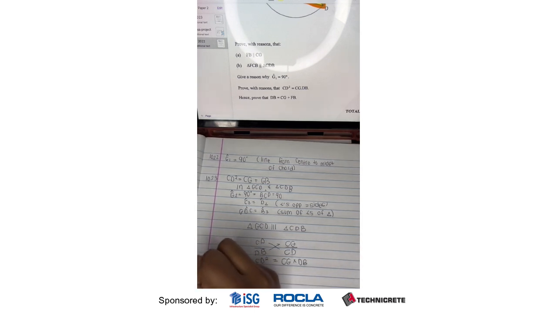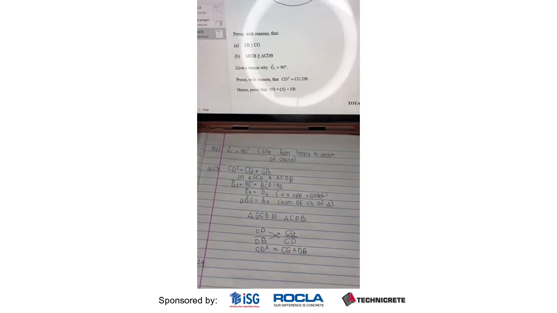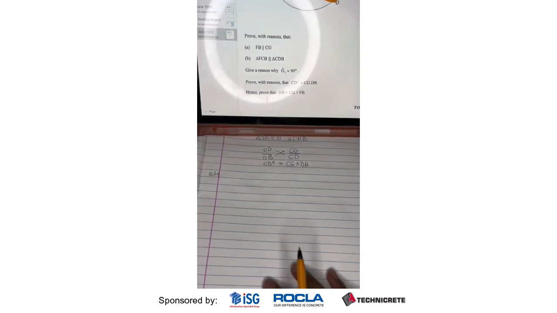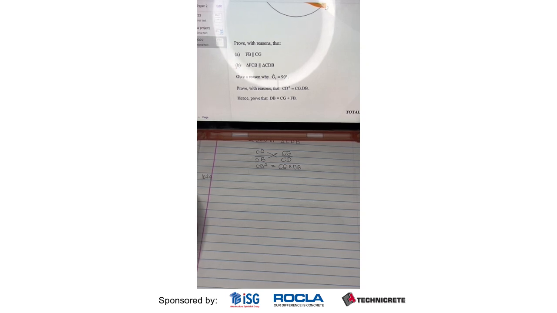The last one says hence. And when they say hence, they want you to use what you calculated above to find the next answer. So it says hence prove that DB squared is equal to DB times CG plus FB. So let's use what we just calculated to help us solve that question.